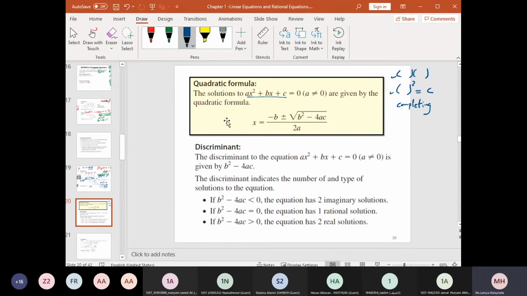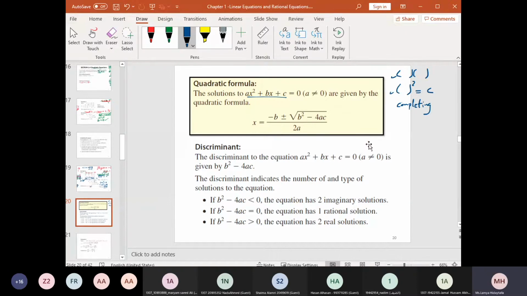We can immediately, and this is the easiest way, get the solution. The values of x are equal to minus b, the coefficient here, plus or minus the square root of b square minus 4ac, this is the a, this is the c, so minus 4 times a times c, and then the whole thing over twice the coefficient of x square, which is 2a.